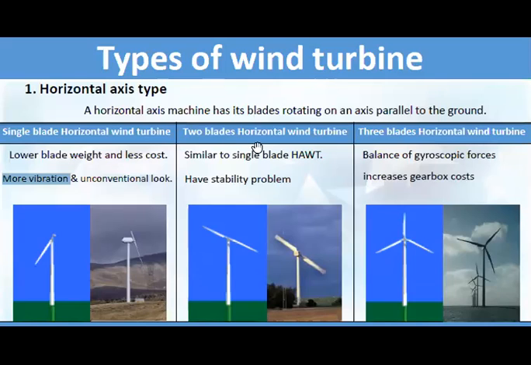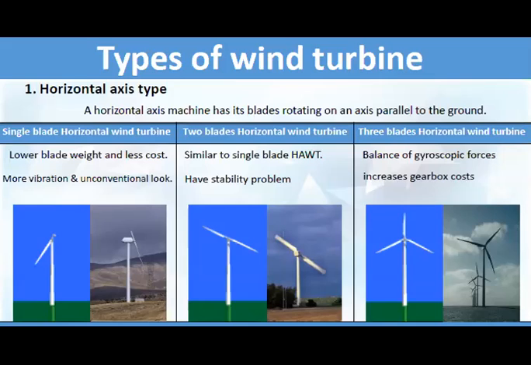There also exist two blade and three blade horizontal wind turbines. The single blade turbine has very low blade weight and very low cost, but it has more vibration and an unconventional look.